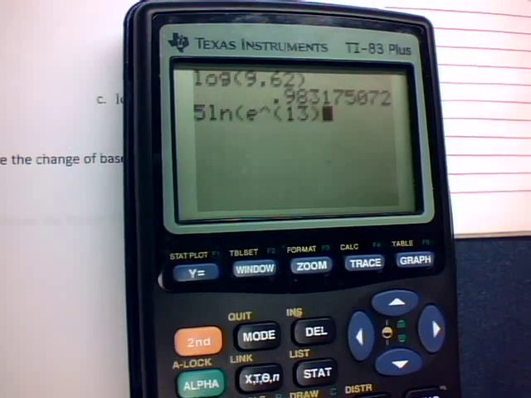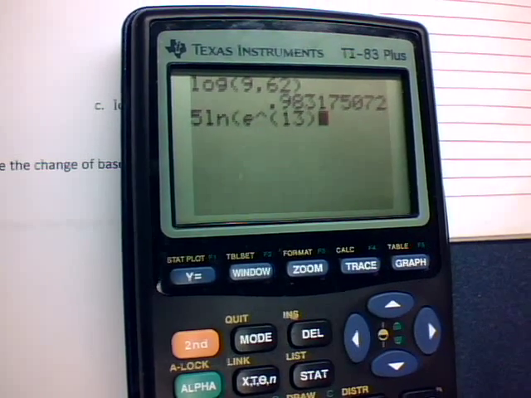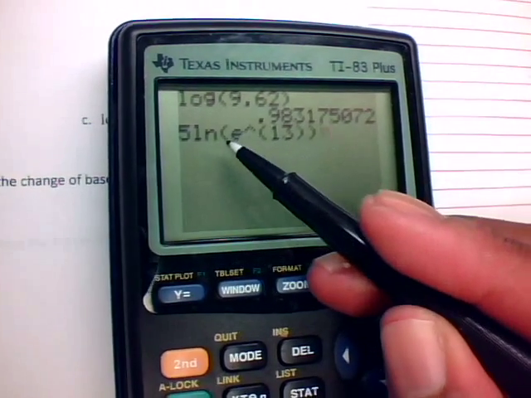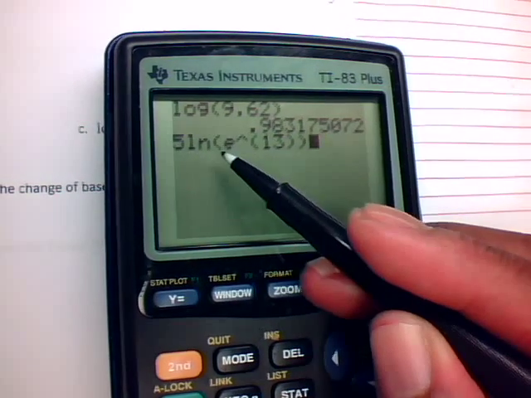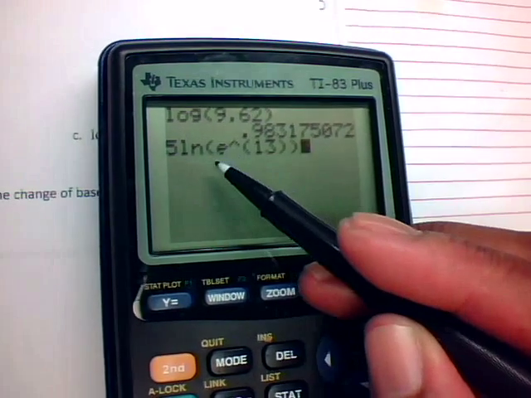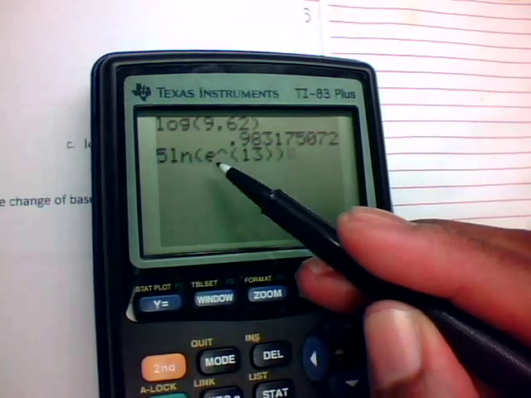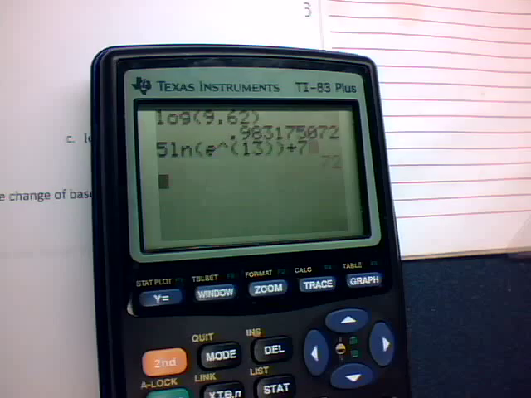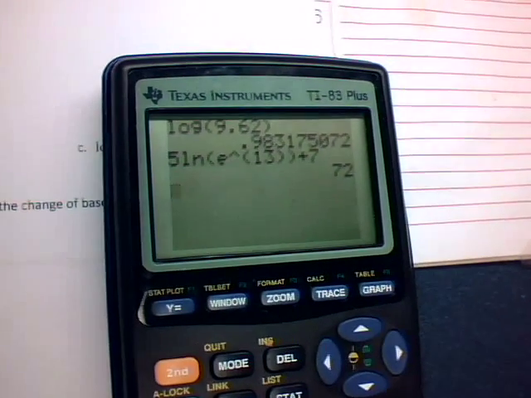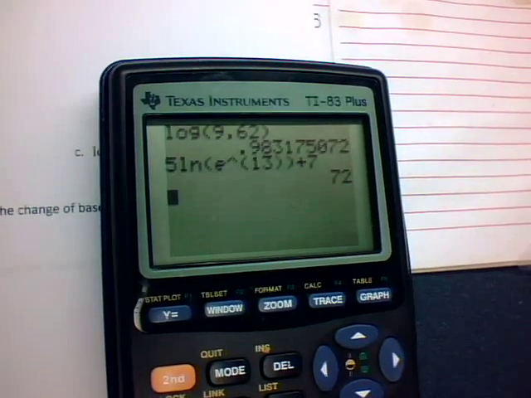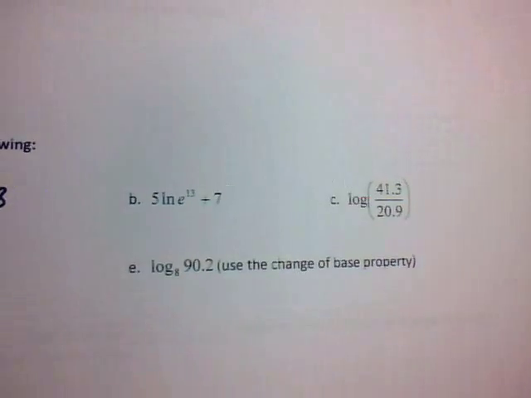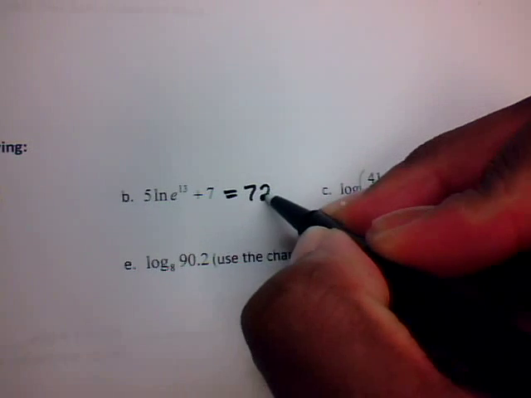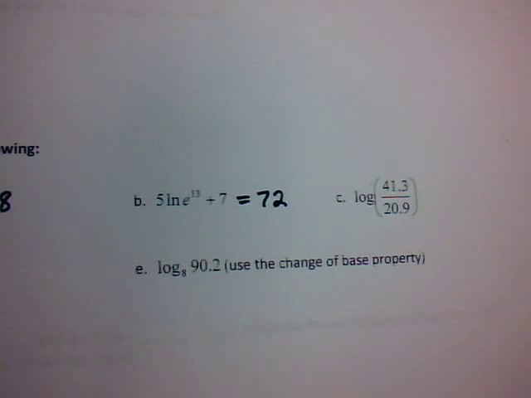Now you have to close the parentheses around the number 13, and also close the parentheses again for the first parentheses that follows right after the ln expression, and then plus 7. And that would give you 72. So 5 times the ln of e to the 13 plus 7 gives you 72.